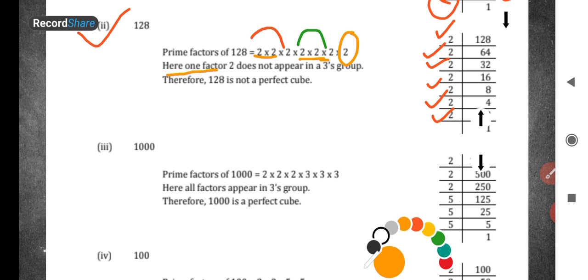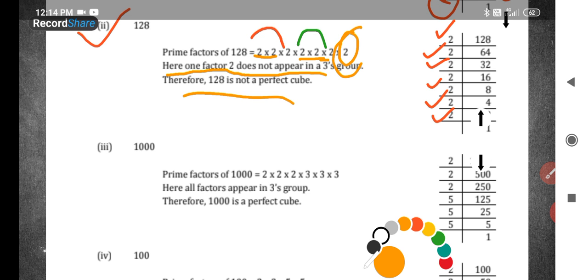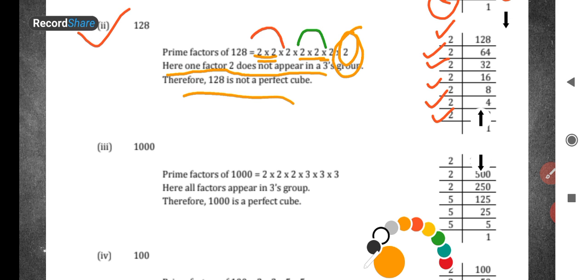Here one factor 2 does not appear in a group of three. Therefore 128 is not a perfect cube, because one 2 is left here without a triplet. We got two triplets of 2, but the last 2 is remaining, so this is not a perfect cube.